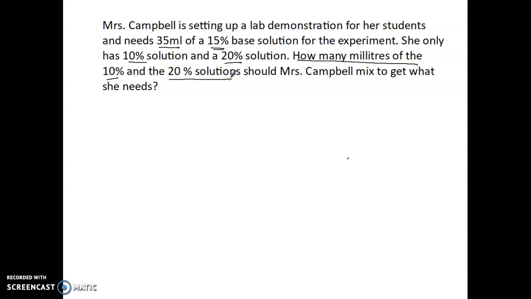Again, the idea of that last statement helps you identify what you're going to let your variable be. So I could let x be the amount of 10% solution, so the milliliters of the 10% solution. Then I have to decide, well, how much of the 20% solution do I need? Looking back at the question, you know the total amount.